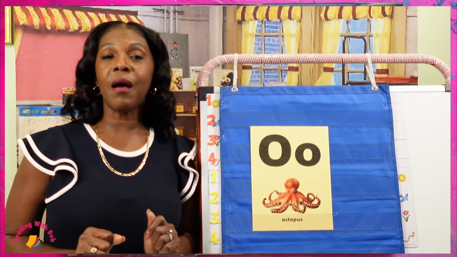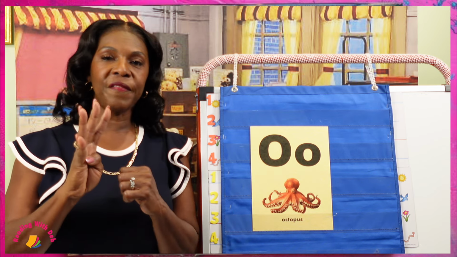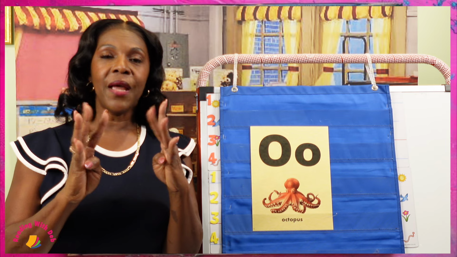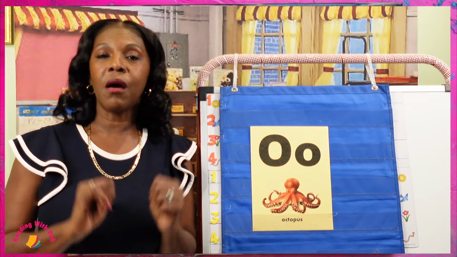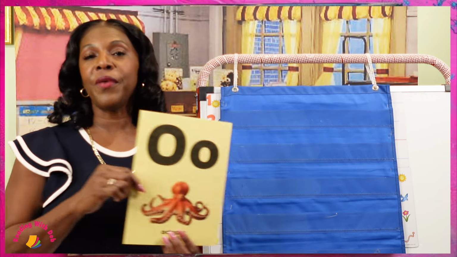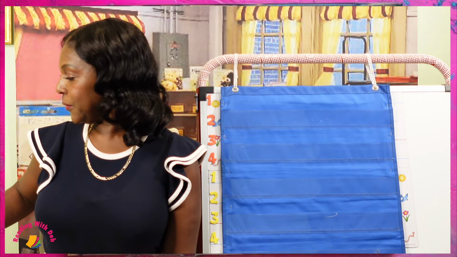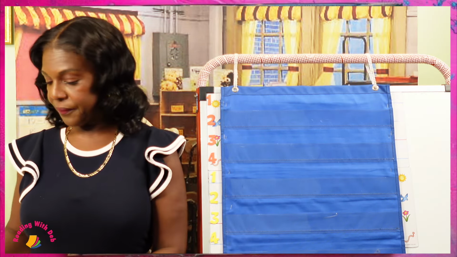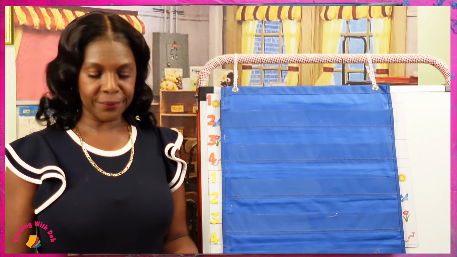So, for the word octopus, we are going to use both hands, four fingers from each hand, and we are going to wiggle them to represent the arms of the octopus. So now let's add this card to what we have already and practice our letters and sounds. We will start with the octopus card.